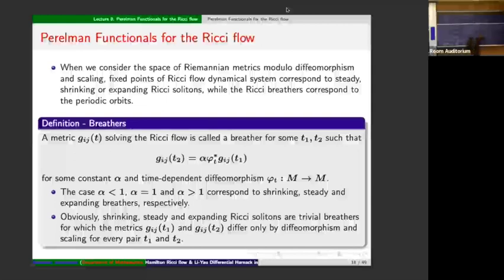So if you use that here, you do the variation of this, then you have to do the variation of this, like a product here. What we have is something like this: minus h_ij (R_ij minus 1/2 R g_ij) dV.